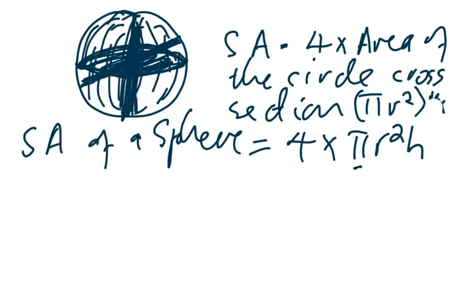Sorry. It's just 4 pi r squared. So the surface area of a sphere is given by 4 pi r squared. I've tried to show how the 4 circular features would look on a sphere. So that would be finding the surface area of a sphere.